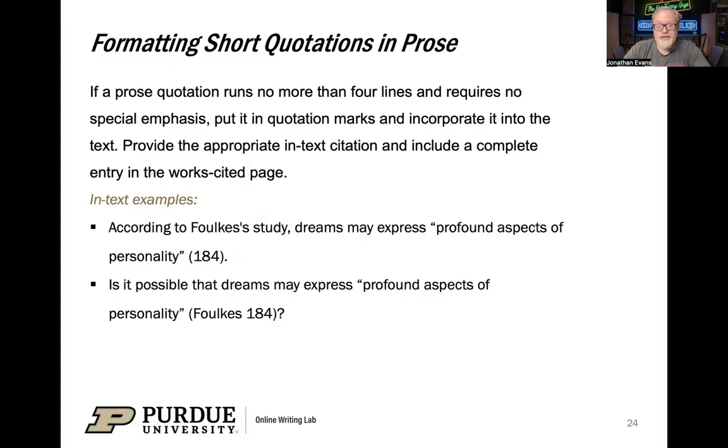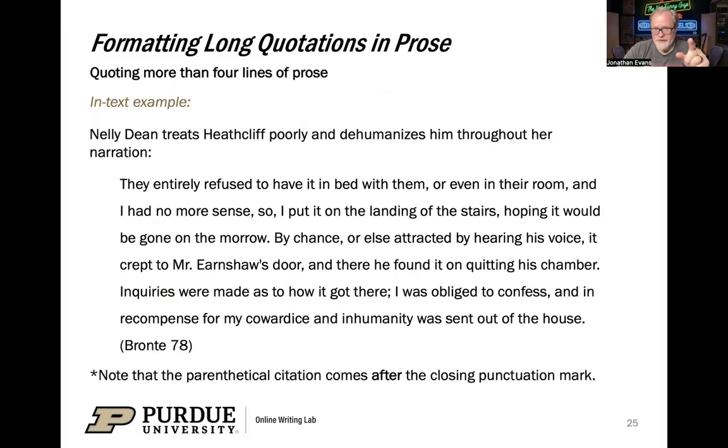If we end up quoting something really big, we have to do this. Sorry, 4 lines. Once we have more than 4 lines of prose, we end up in a situation like this. This is what we call long quotations, or I sometimes refer to it as a block quotation. I want to point out some differences here.